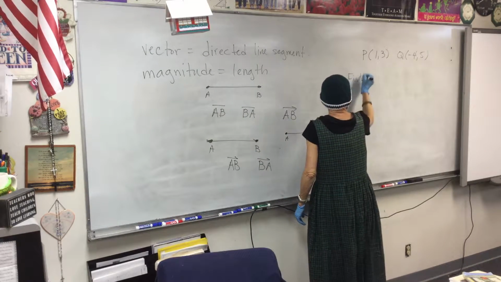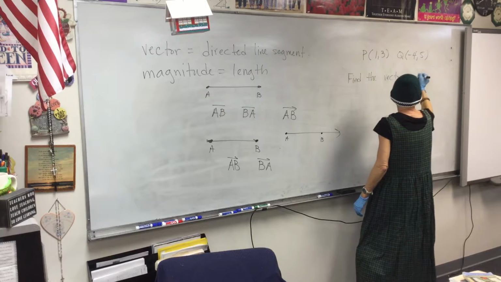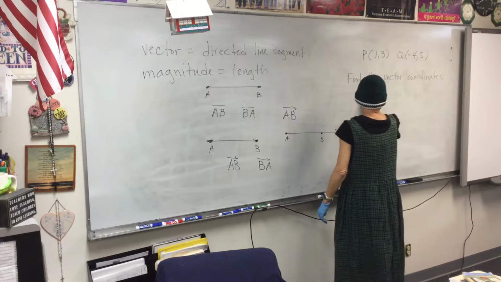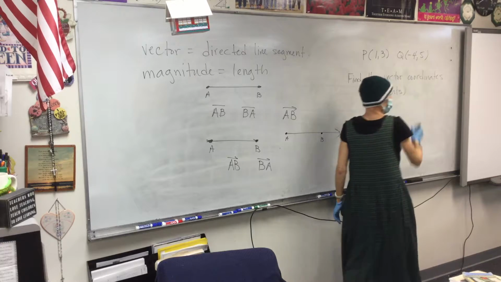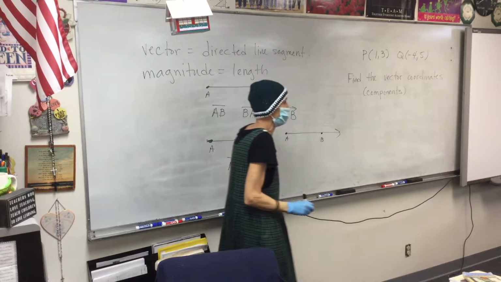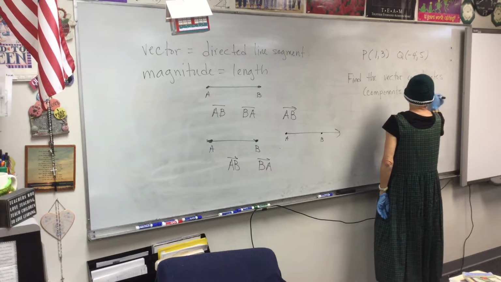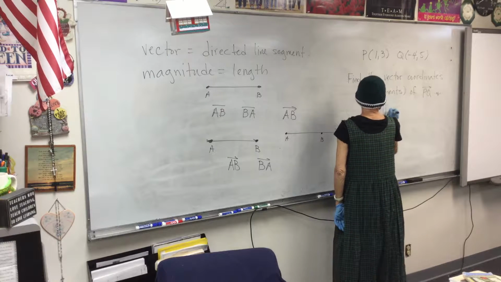Can you find the vector coordinates, also referred to as components? Again, more vocabulary. We're not going to be confused by it. Find the vector coordinates of vector PQ and find its magnitude.